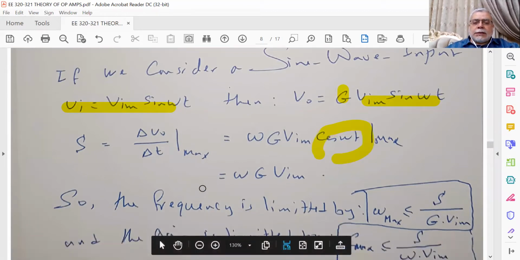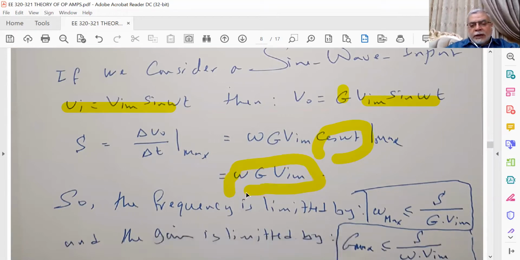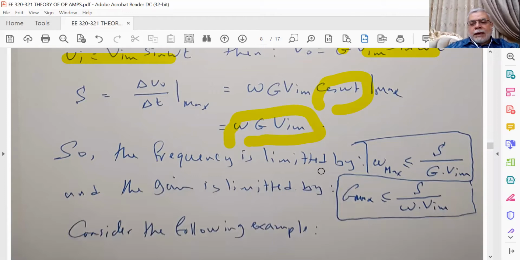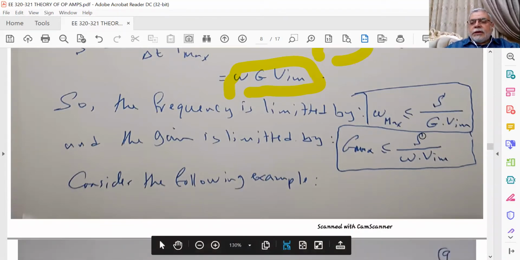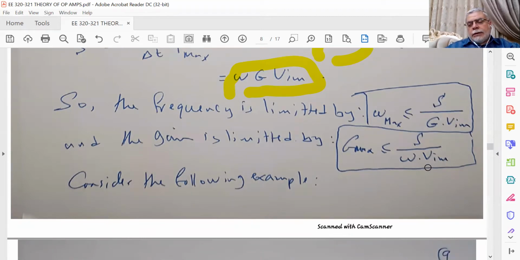So S, the slew rate, equals omega G VIM. So the maximum allowable frequency will be the slew rate divided by G VIM, or the maximum allowable gain will be the slew rate divided by omega VIM. So if the slew rate is given, we can determine whether the signal will pass or not due to slew rate.